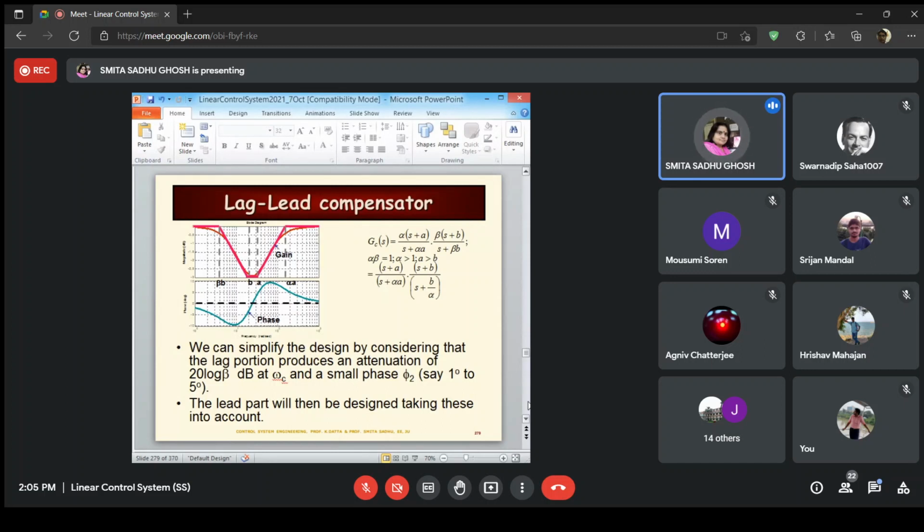So the rest of the portion, please go through at least once, and let me know if you do require some explanation, in which case I would have to arrange for an extra class sometime. But apart from that, I would not be taking any further classes as far as this linear control system is concerned. Okay, so I will stop the recording now.